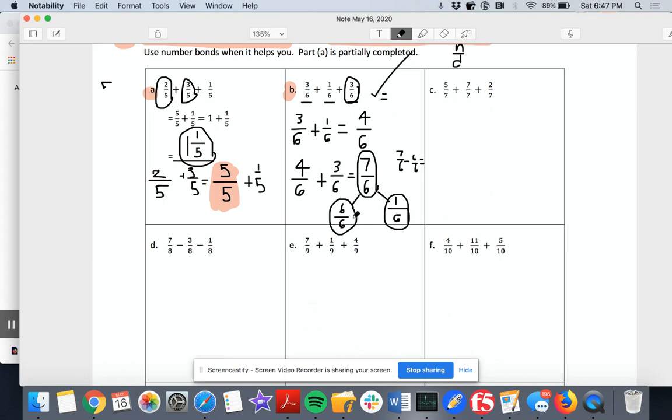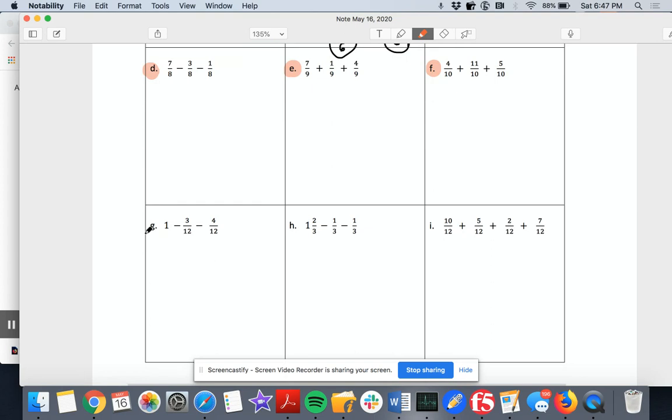So my final answer would be 6 over 6, which is 1, then I have 1/6. Okay, go ahead and try C, D, E, F, G, and I on your own, and we will work on H together.